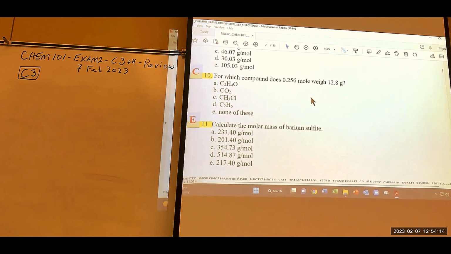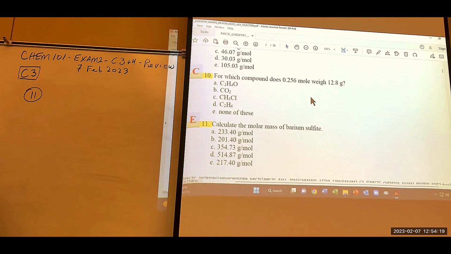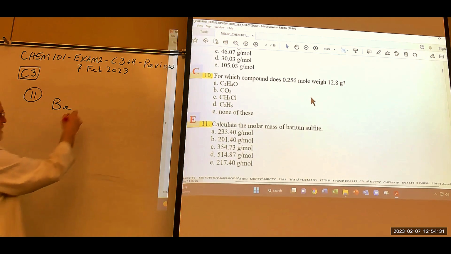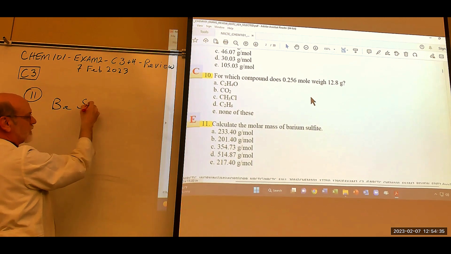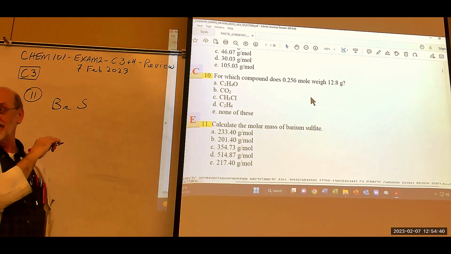Okay. Here's one, number 11, where you have to be able to write the compound, otherwise you're stuck. So barium sulfite is what? Well, barium, right? What's sulfite? S, O to the... How many O's? Does it have oxygen in it?